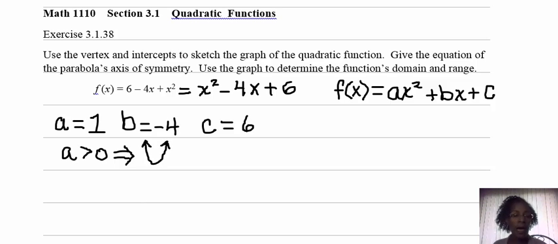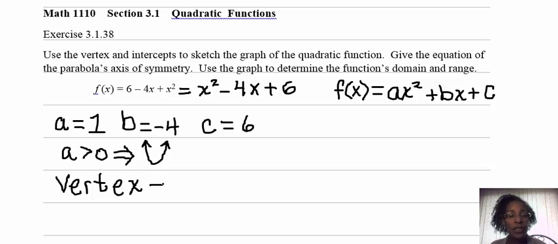So the sign of a tells us whether the parabola opens upward or downward. If a had been negative, the parabola would have opened downward. Now we're going to find the vertex. Since the parabola is upward opening, the vertex will be the lowest point on the parabola.